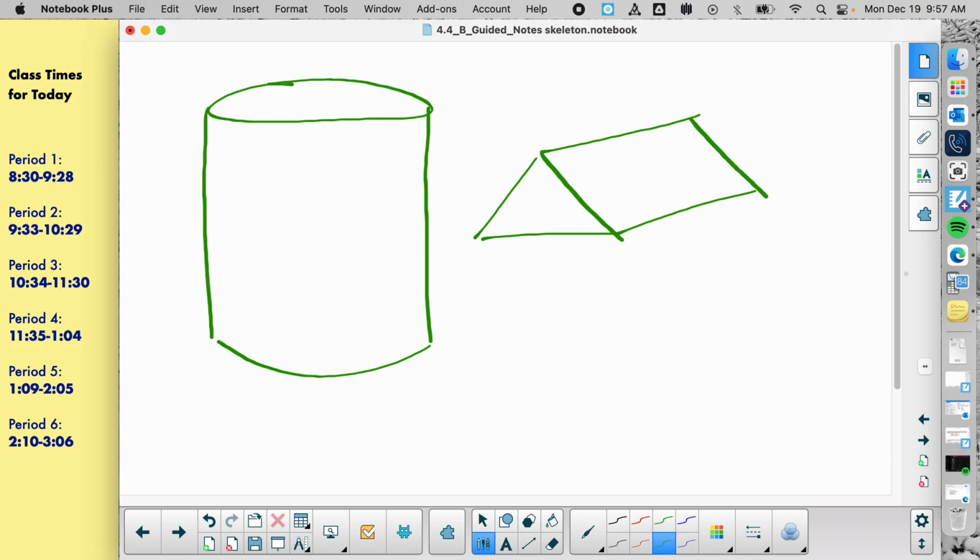Every single prism is going to be the area of the end piece times the depth. So like this one, you find the area of the triangle multiplied by the depth. So I guess there's only three prisms you're supposed to know: cylinder, tent, and box, which I hope you know.